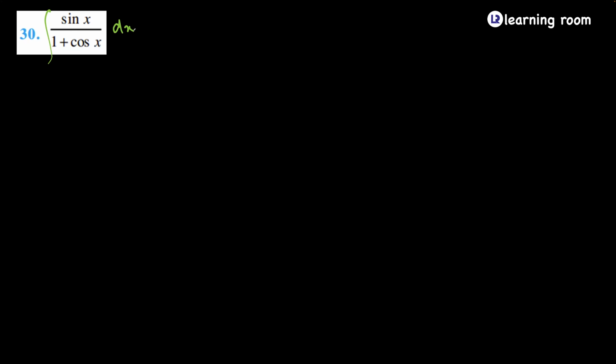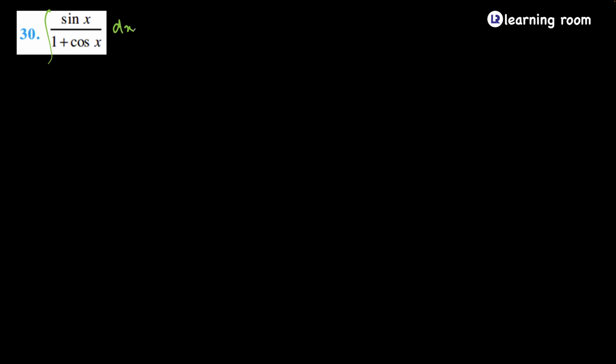If you observe, what is the relation between the denominator and the numerator? The numerator is actually the negative of the derivative of the denominator. Why I say negative: the derivative of cos x is minus sin x, but the numerator is plus sin x.